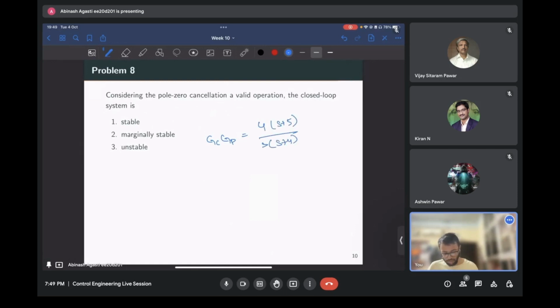Now I want to find out whether this closed loop transfer function is stable, I want to comment about its stability. So we'll find GCGP by 1 plus GCGP. So if we do that, here we'll have 4s plus 5.